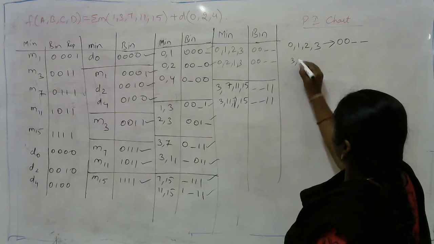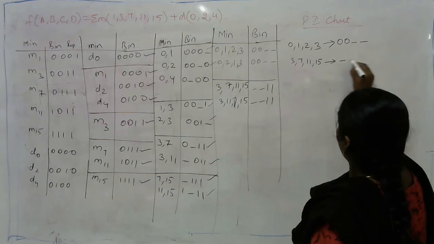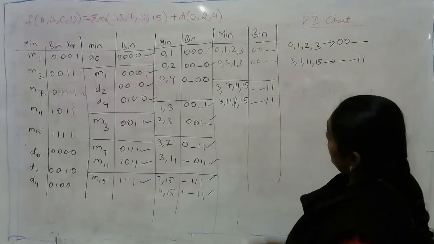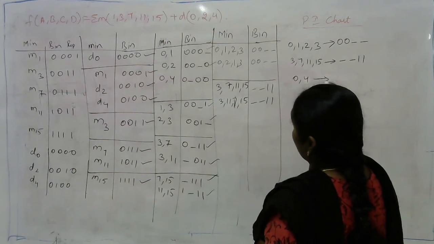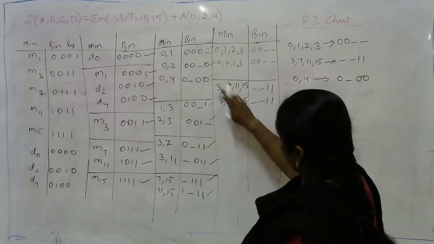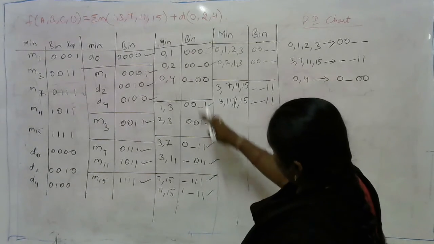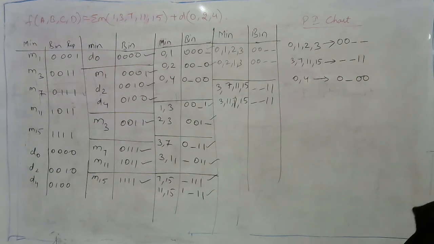Similarly, 3 7 11 15, the corresponding is dash dash 1 1. And here 0 comma 4 is not having a tick mark, so 0 comma 4, the corresponding is 0 dash 0 0. And all the remaining have a tick mark, so these three are the prime implicants.